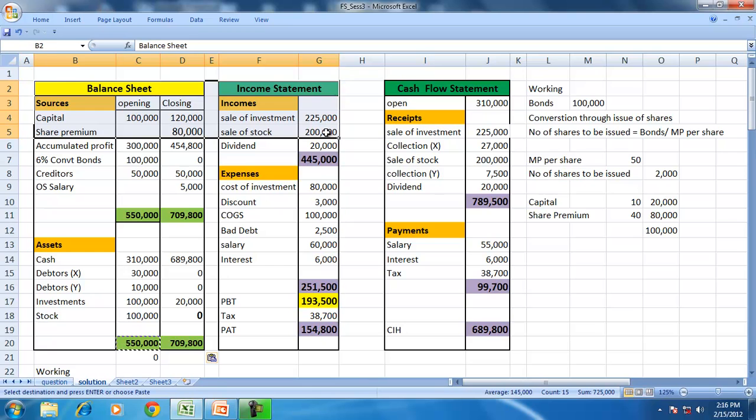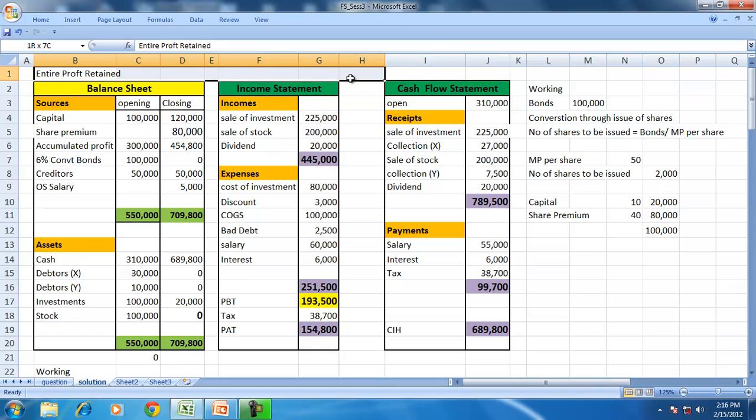In this case we have retained the entire profit. If the entire profit is retained, we have seen that the entire PAT is added back to the accumulated profit. So let us find the equity at the end of the year.